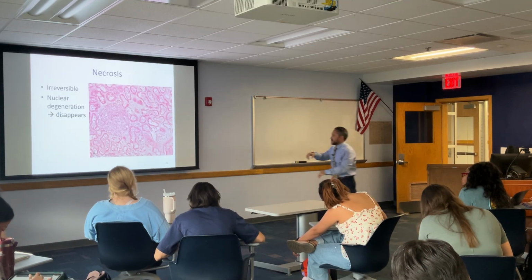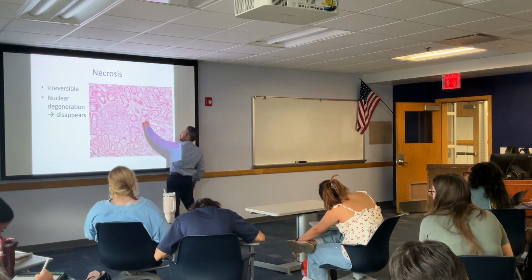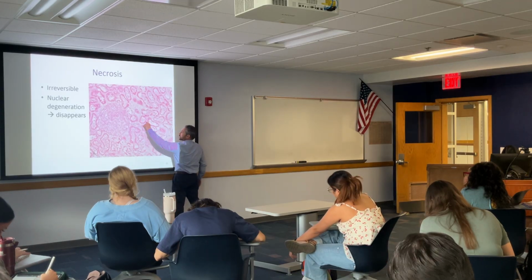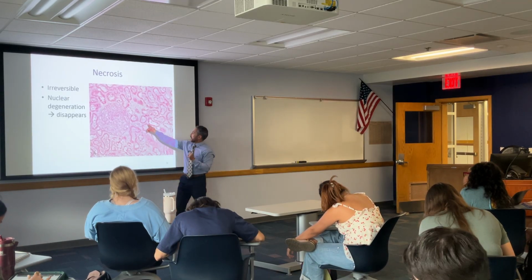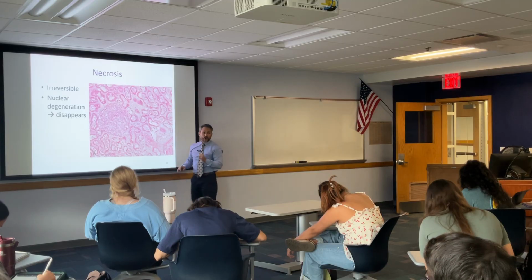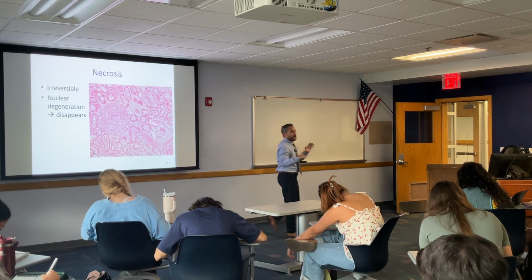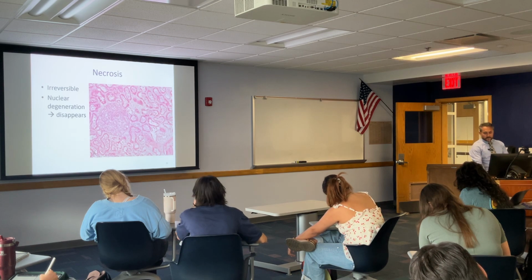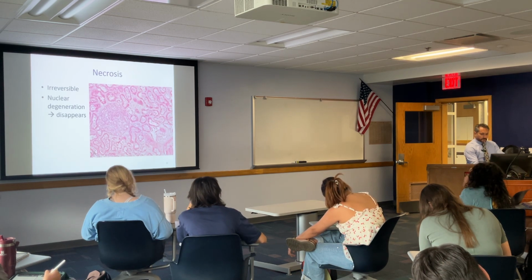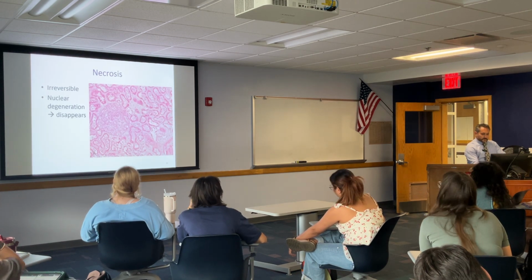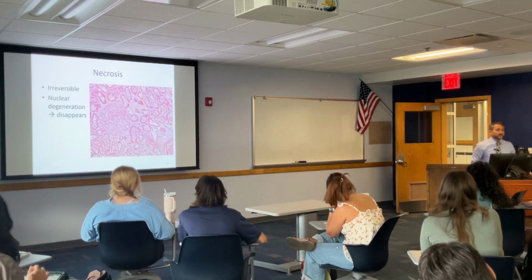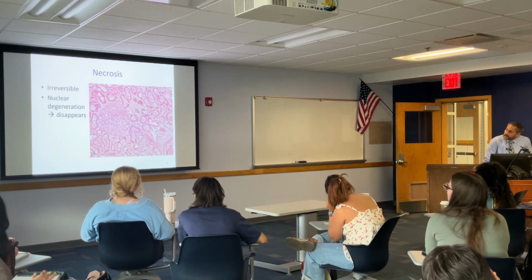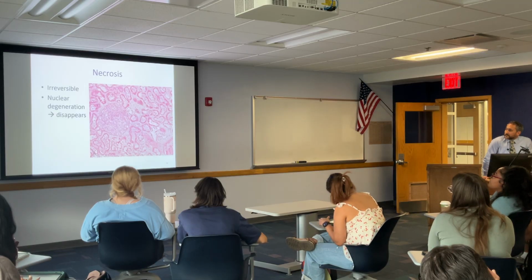And these renal tubules, these sort of pineapple-shaped structures, have no purple dots, no nuclei. They're gone. So again, this is a patient that is losing their kidney as a result of underperfusion of the renal arteries due to heart failure.